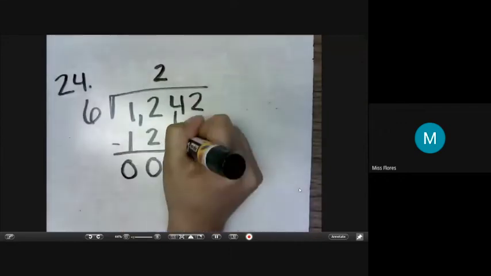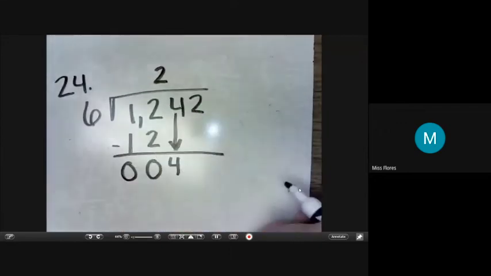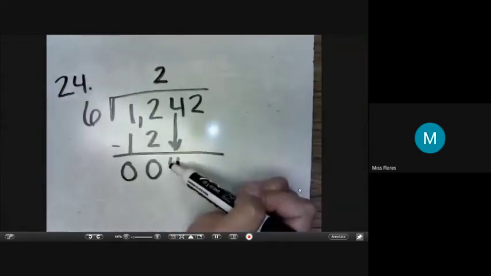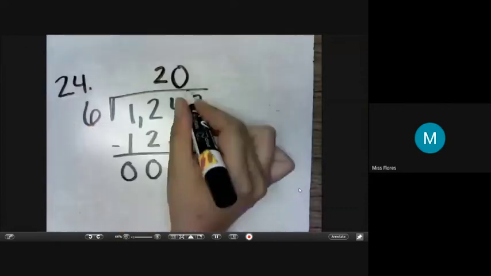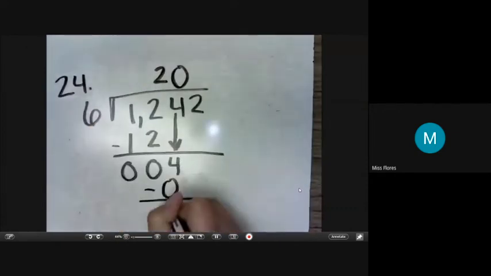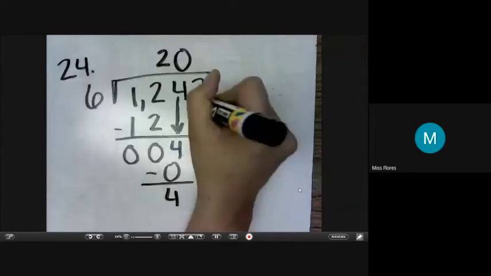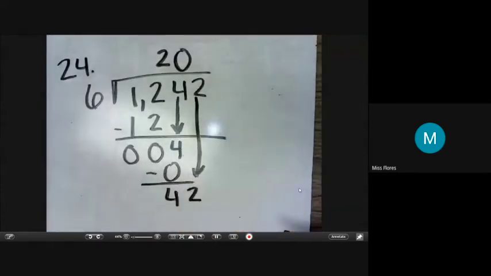So we bring down the 4. 6 cannot go into 4, so we add a 0. 6 times 0 is 0. So we subtract, and we get 4, and we bring down the 2. 6 goes into 42. How many times? You got to count by 6.